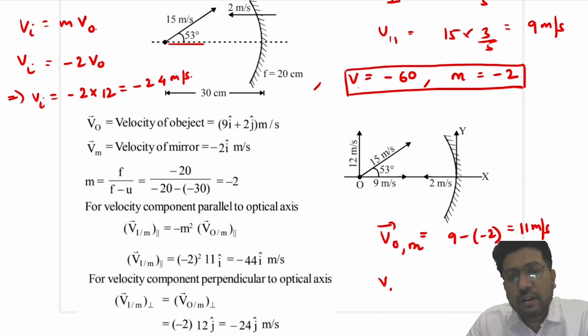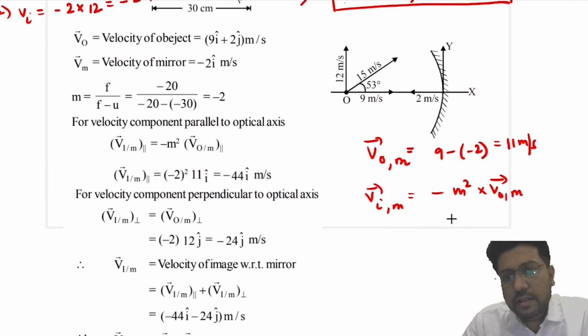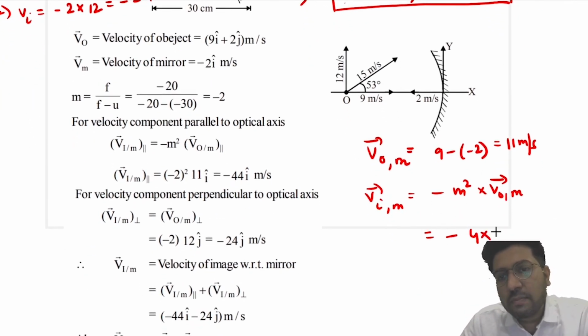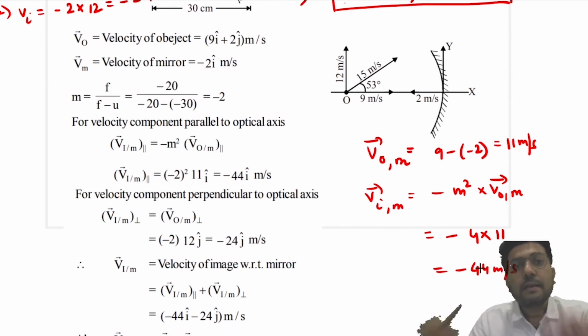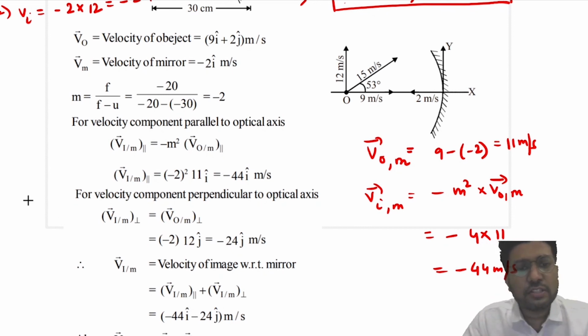And you know that the velocity of image with respect to mirror is minus m square times the velocity of object with respect to mirror. Now m is minus 2, m square is 4. So you will get minus 4 multiplied by 11, that is minus 44 meter per second. But this is the velocity of image with respect to the mirror. We need the velocity of image.